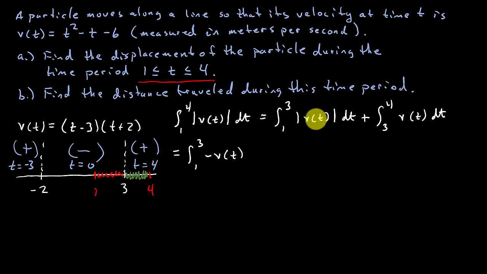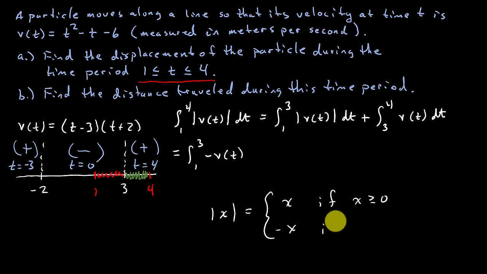Because it's negative. So the absolute value of a negative, well, remember this, the absolute value of x is equal to x if x is greater than or equal to 0, and negative x if x is less than 0.